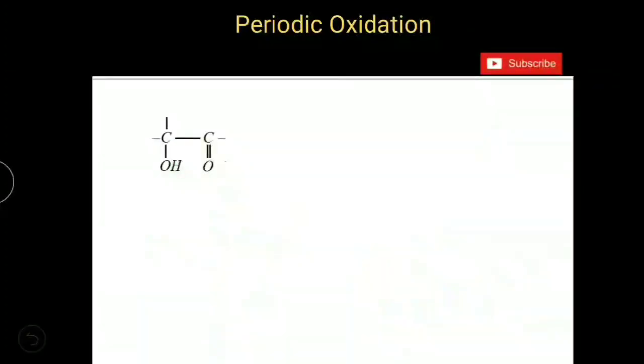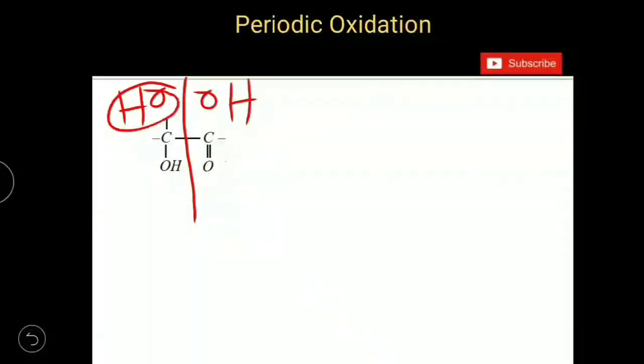And come to another compound which has both an alcohol and a carbonyl group adjacent to each other. Once again, to get the products, break the C-C bond and on both sides of the cleavage add OH groups. This OH group is added to the carbon, and this carbon already has another OH group. It means you got two OH groups, which is unstable.